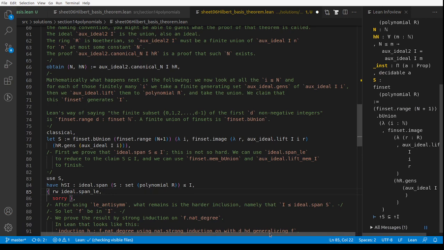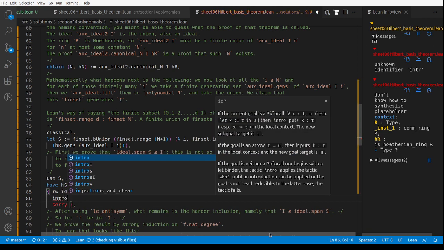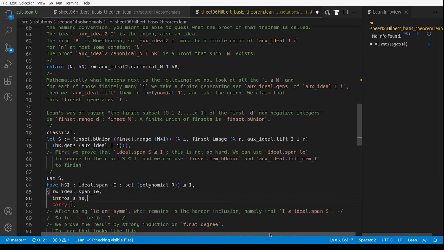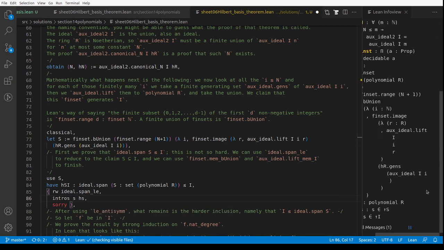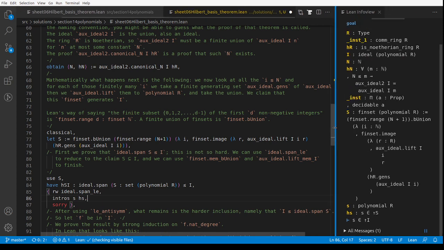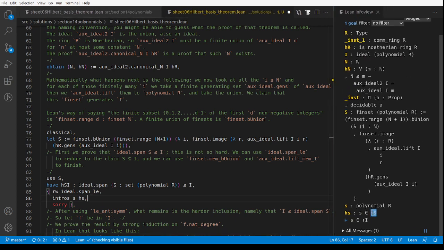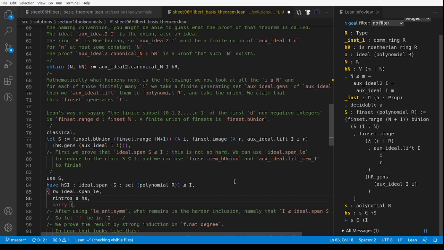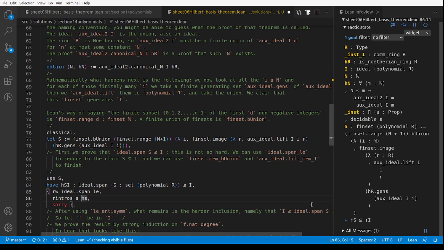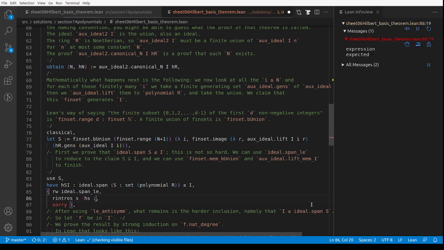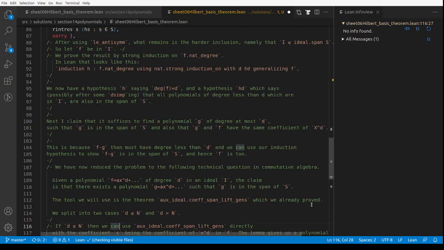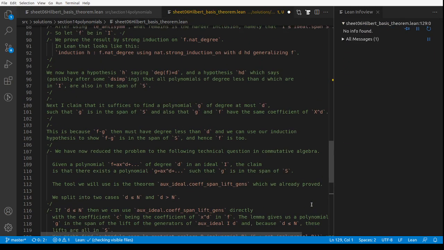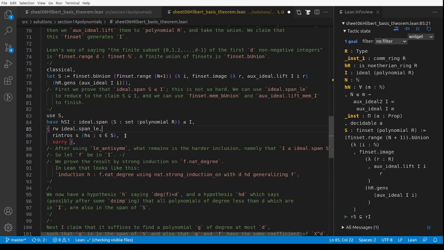Yes, it is. So now we can just do, I guess, intros s hs. So now we have s in this. So do you know what we could do, rintros, and then hs says s is in the set. We could just do this. We could hs, s is in S. Did that work?